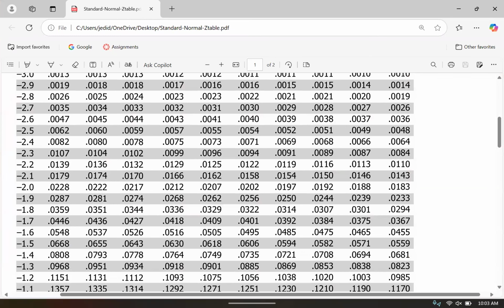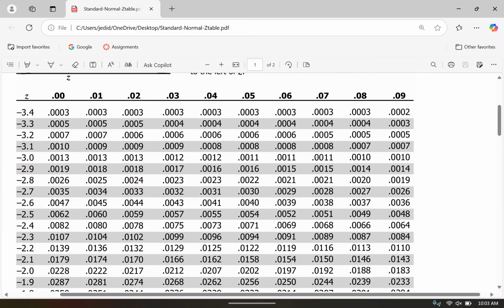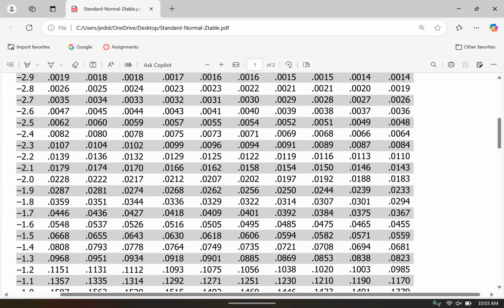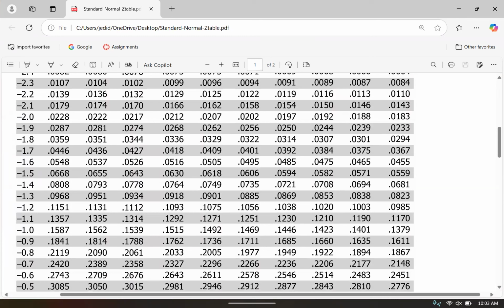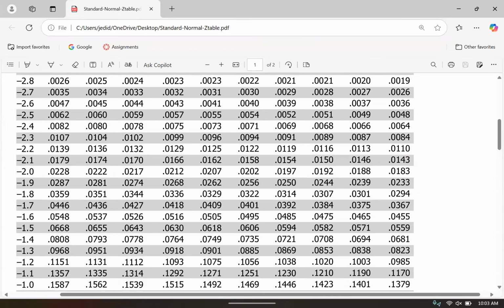I'm going to go negative 1.23. So it looks like this one is the closest. Negative 1.23. And then 0.28 still on this side. You look good. So negative 0.58.